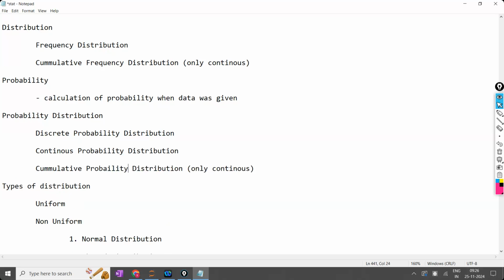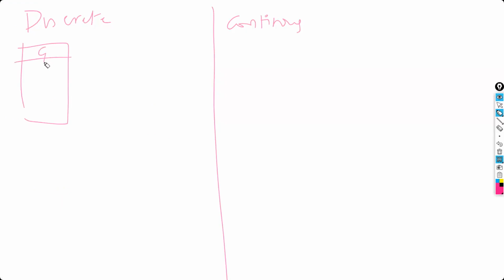Okay, cumulative probability distribution. Coming to this one more time, as a small recap for a discrete variable. Let us take a small data set called gender: male, male, male, female, female.